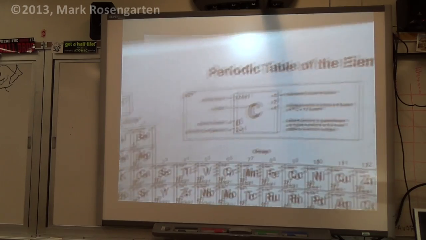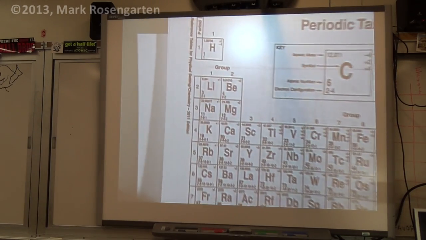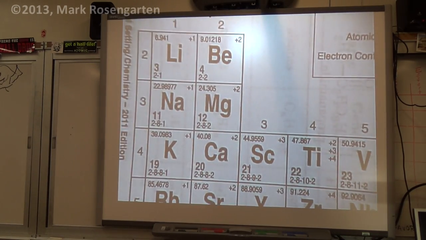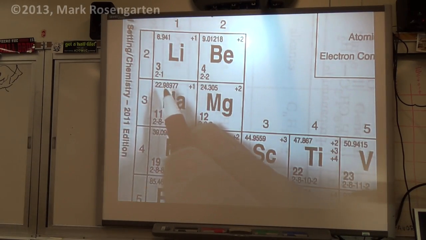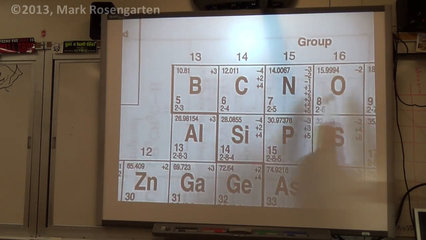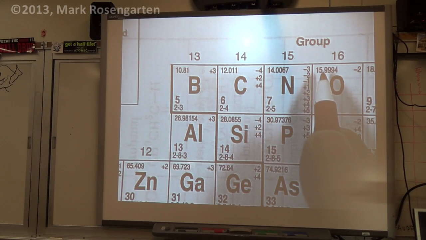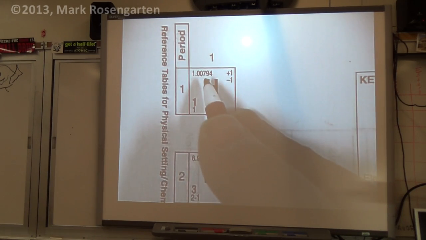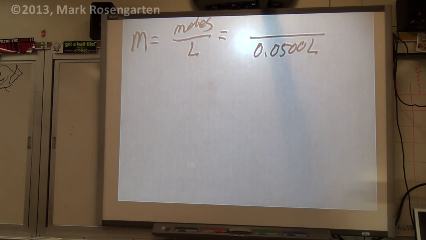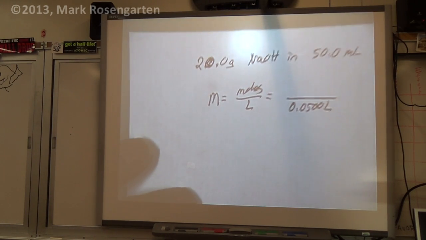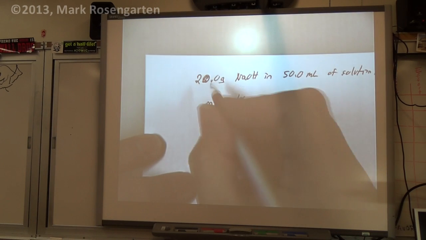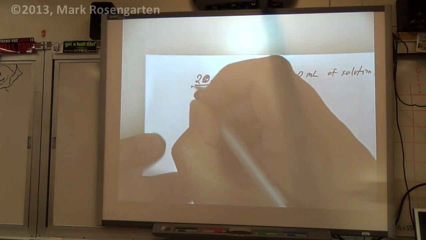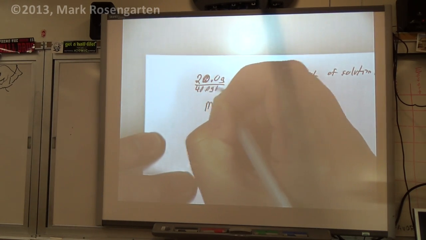Now, NaOH has a formula mass of, well, sodium is 23.0, and then oxygen is 16.0. That brings us up to 39.0. And hydrogen is 1.0. That brings us up to 40.0. So what we do is we take the 20 grams, and we divide it by 40.0 grams per mole.